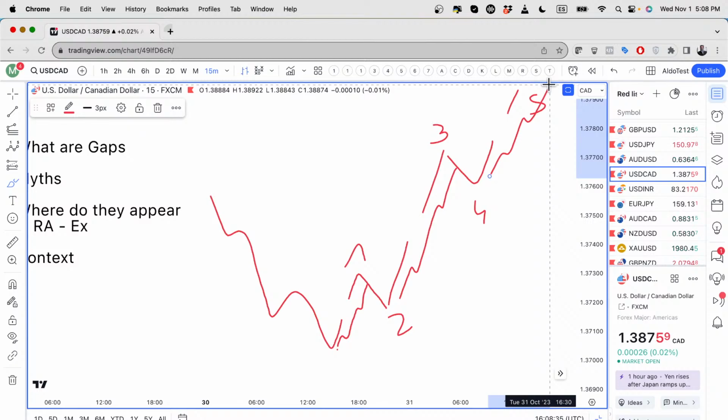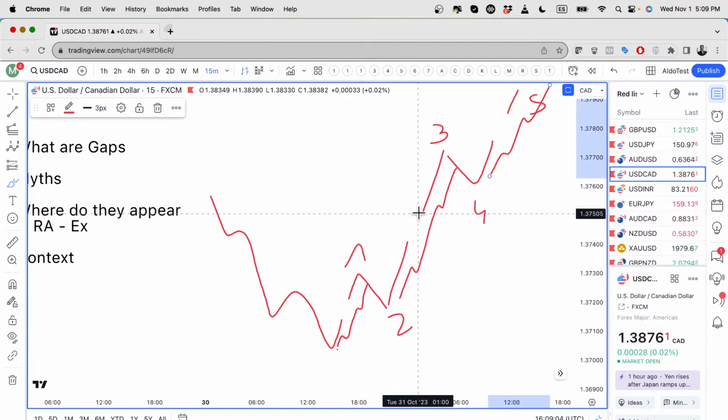Now, what you will notice here is that all of these gaps would tend to appear on the third wave of their internal subdivisions, meaning that the breakaway gap, the first gap that appears in the beginning of a trend, would tend to appear on the third wave of wave 1.